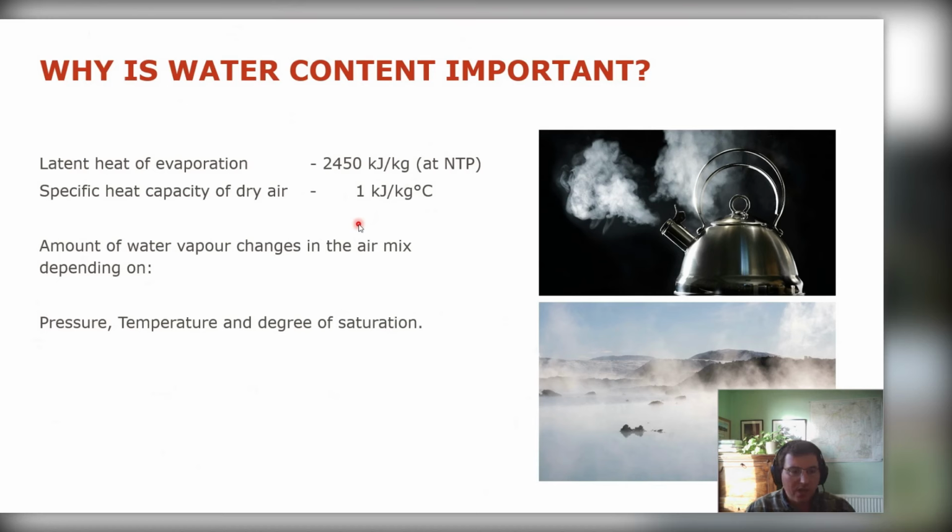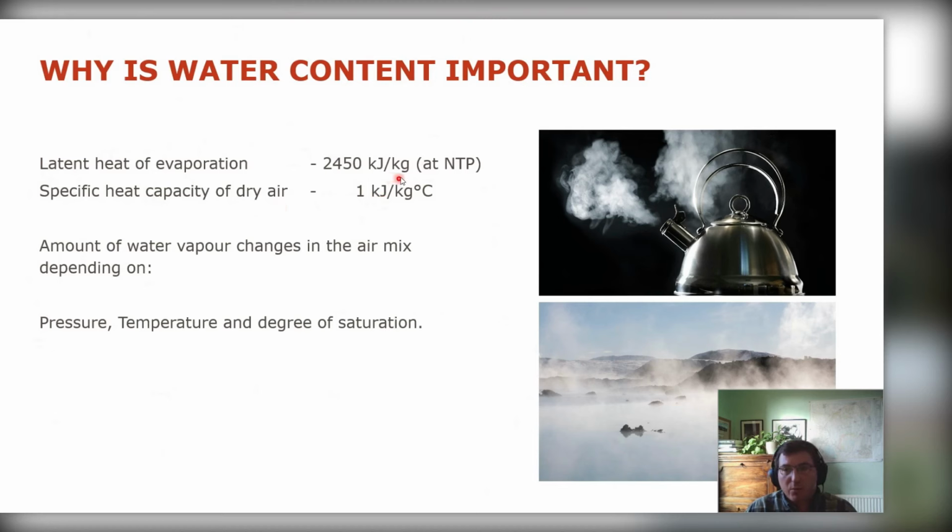That's what's really important. So if we look at the water vapor and the state of it, to warm up a kilogram of air by 1 degree would take us 1 kilojoule of energy.